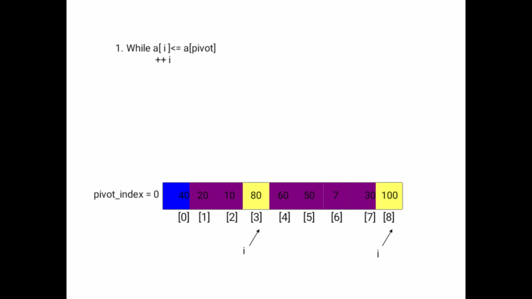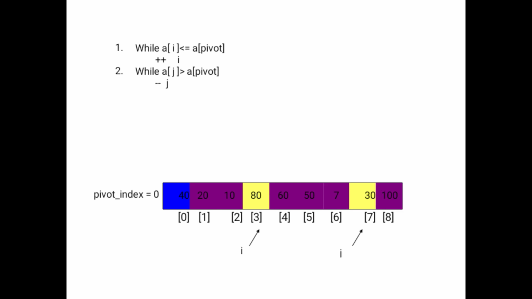Now at the third position you can see that A of i is not less than the pivot. Here A of i is greater than the pivot element. So you have to compare A of j with the pivot element. A of j is greater than the pivot element, so decrement the pointer j.